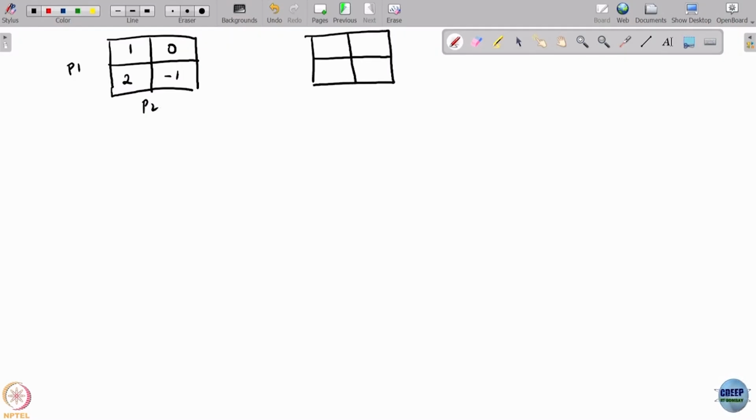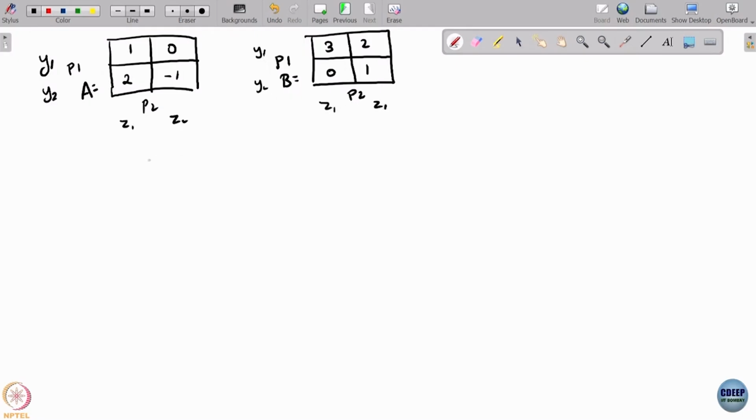This is non-zero sum, so I need two matrices to write out this game. So this is again for player 1, player 2. Suppose this is matrix A and this is matrix B, and suppose I write out strategies for the players as y1, y2, z1, z2.